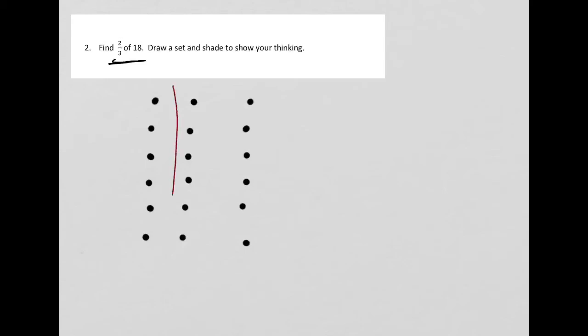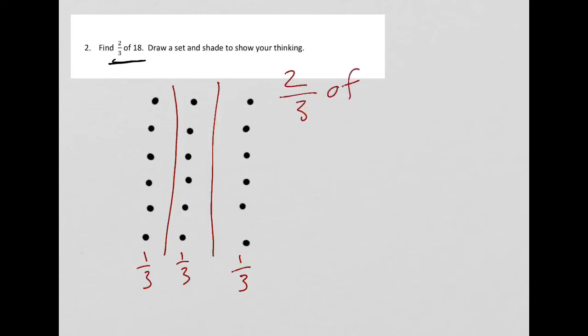Those are my thirds. So here's 1/3, 2/3, 3/3. This is my 1/3. Here's my 2nd third. Here's my 3rd third. So if I'm trying to find 2/3 of 18, what I did is I take 18 and first divide it by 3 to make my 3 groups. And when I do 18 divided by 3, I'm going to get 6, which makes sense, right? 1, 2, 3, 4, 5, 6.